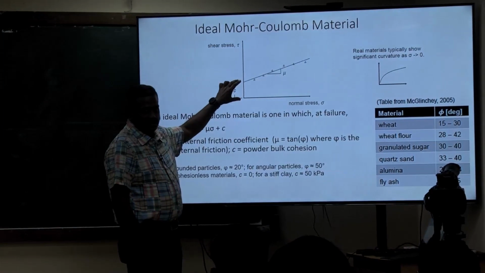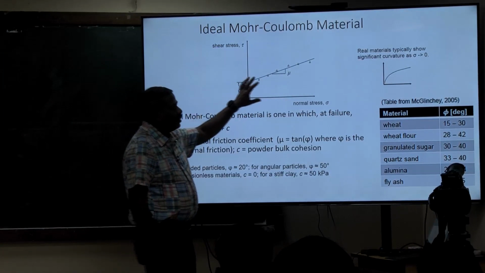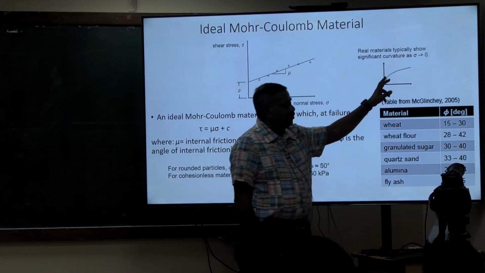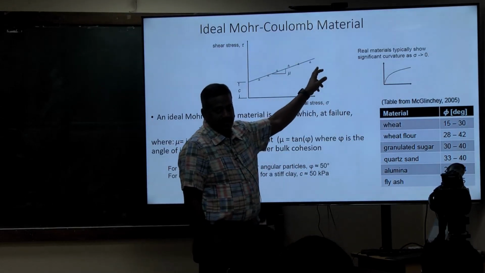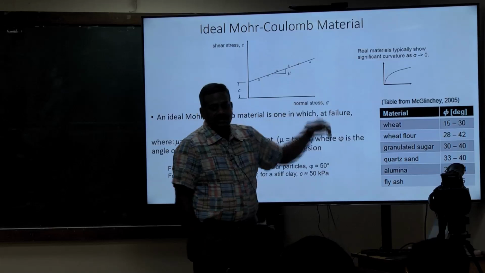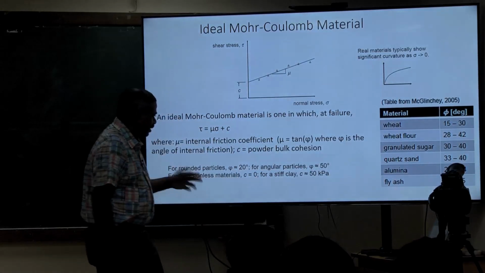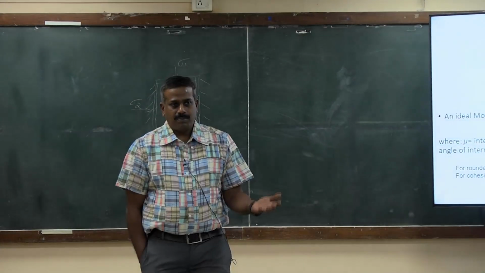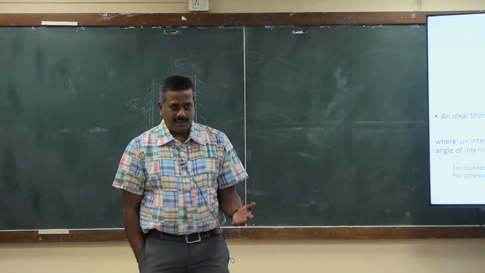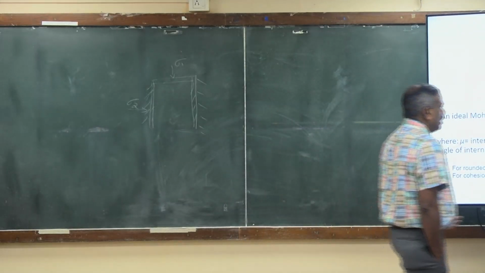That's the intercept, okay? So what I said was, for most of the materials, this relationship will not be linear, okay? Since most of the powders, or any material as we talked about here, will have some inbuilt coefficient, right? Due to their properties, chemical properties, etc., right? So that changes this relationship.